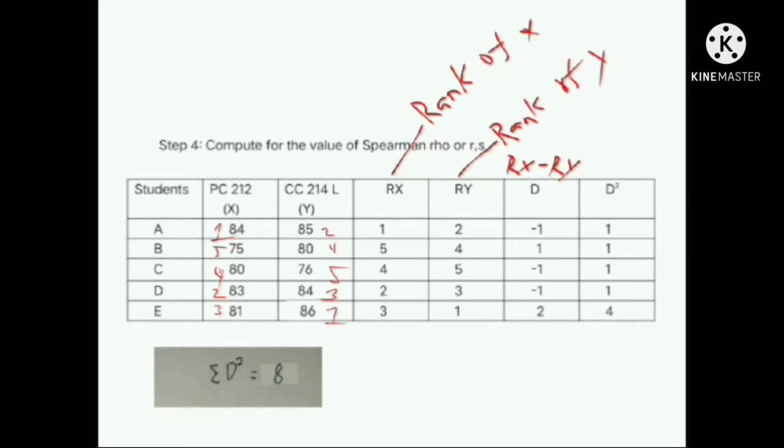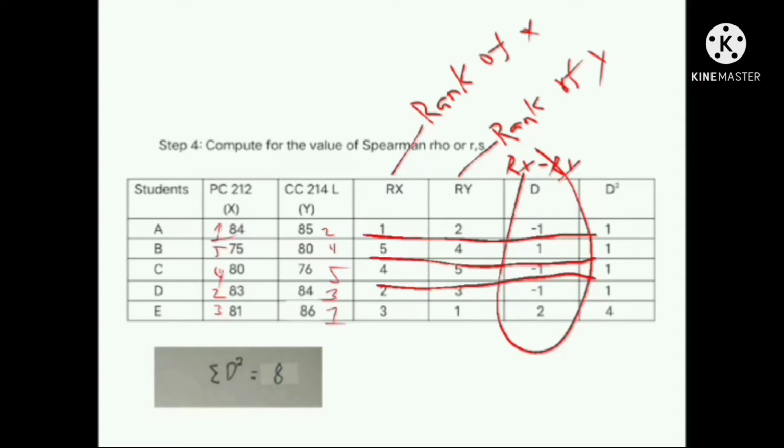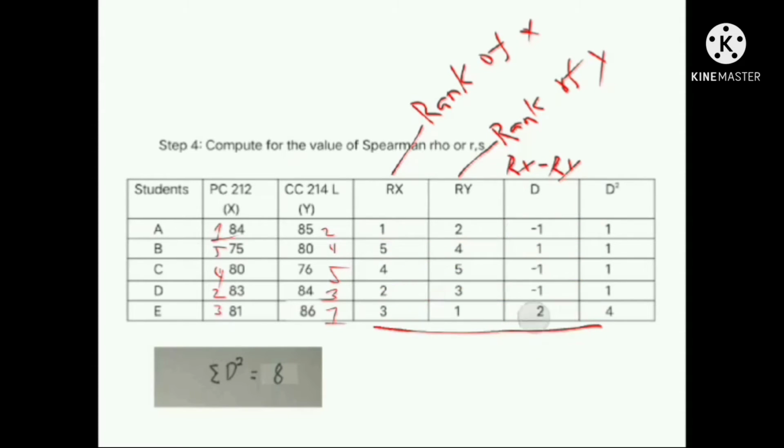Then for the D, you only have to subtract the Rx and the Ry. So 1 minus 2 is negative 1, 5 minus 4 is 1, 4 minus 5 is negative 1, 2 minus 3 is negative 1, and 3 minus 1 is 2. So for the D squared, you only have to multiply it.